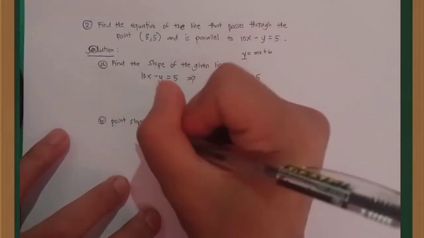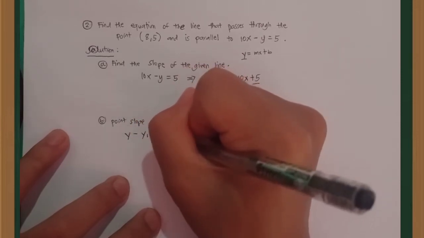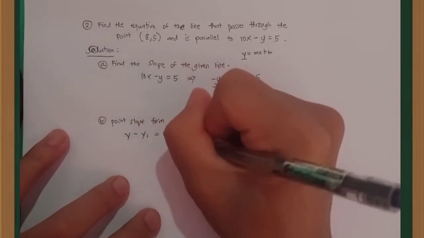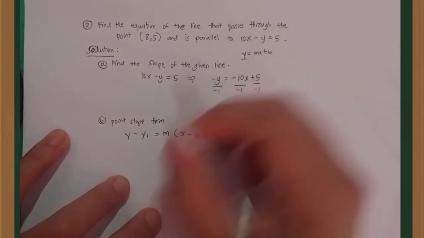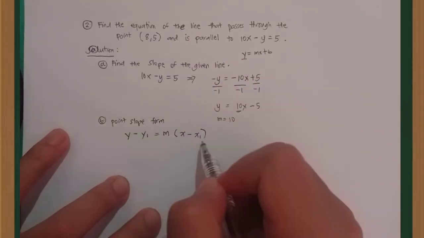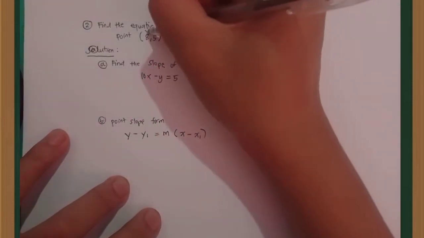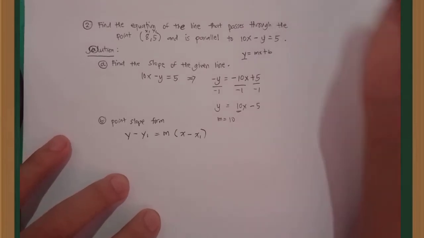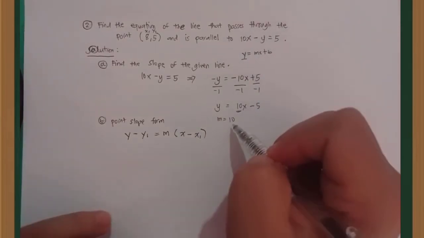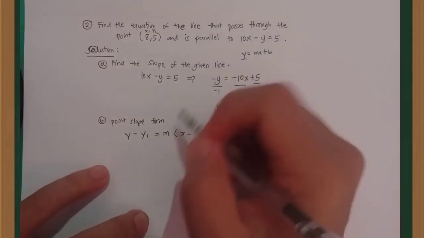The formula is y minus y sub 1 equals the slope times the quantity of x minus x sub 1. Okay, so where do we get the y sub 1 and x sub 1? From the given point. This is our x sub 1 and this is our y sub 1, understood? So we have the slope and the point, what we do is substitute into the formula.